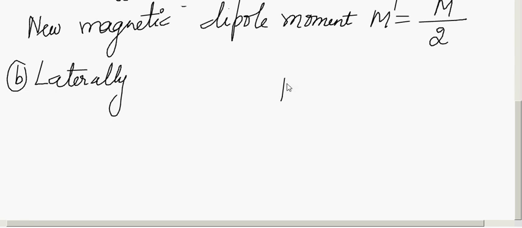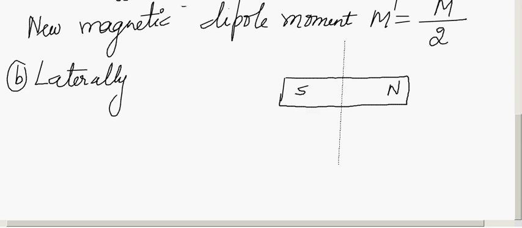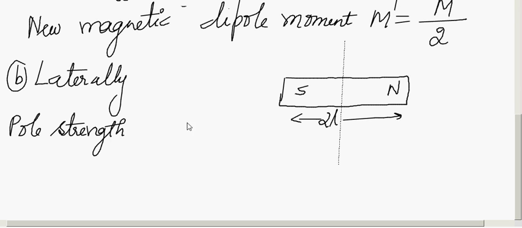Now this is the case if I take the same bar magnet with south and north, and then cut it like this. Now I can say that the pole strength remains the same, whereas the magnetic length becomes halved.